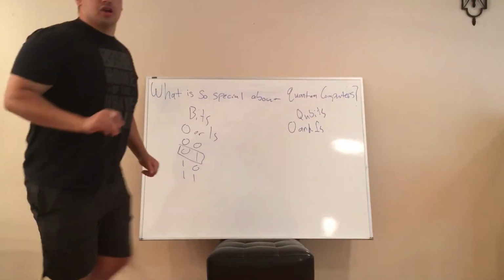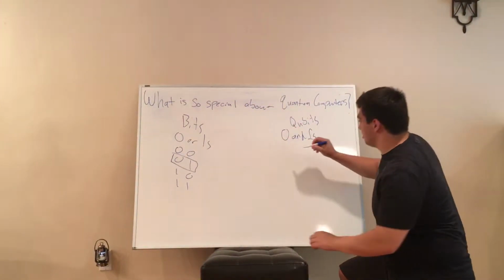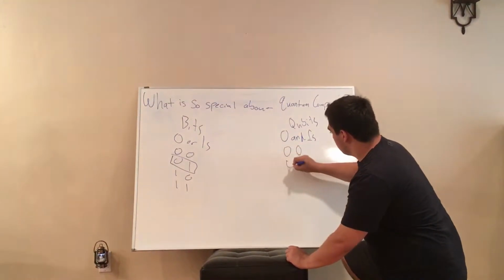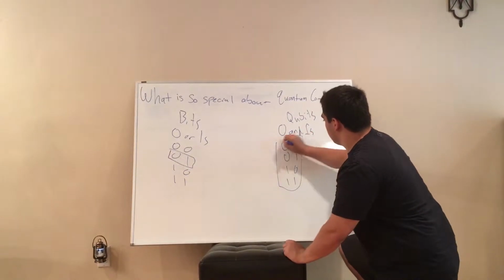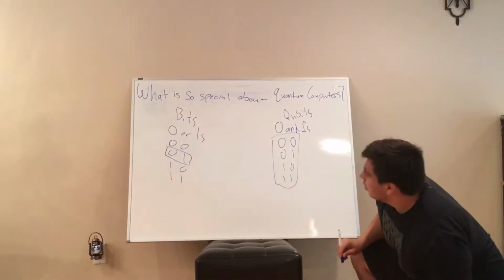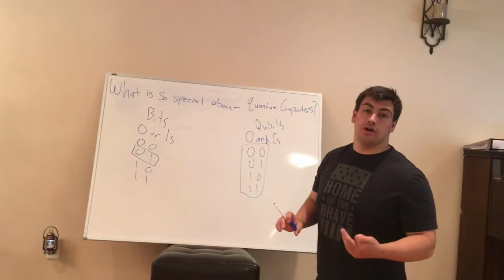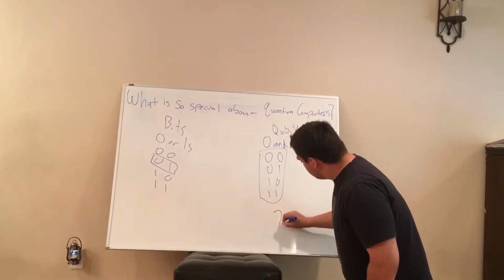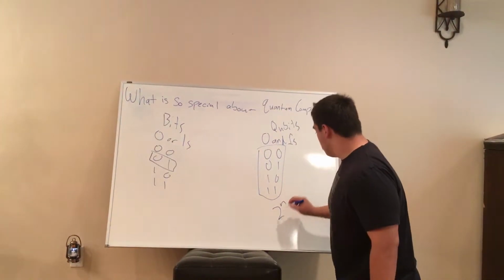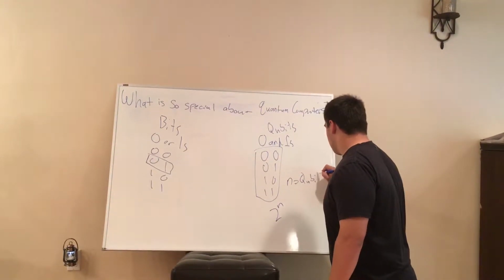What's cool about qubits, though, is it's not just one of those things. Qubits really represent all of these at the same time, right? So what this does is this scales the computational power of a quantum computer exponentially. So this scales to 2^n, where n is the number of qubits, right?